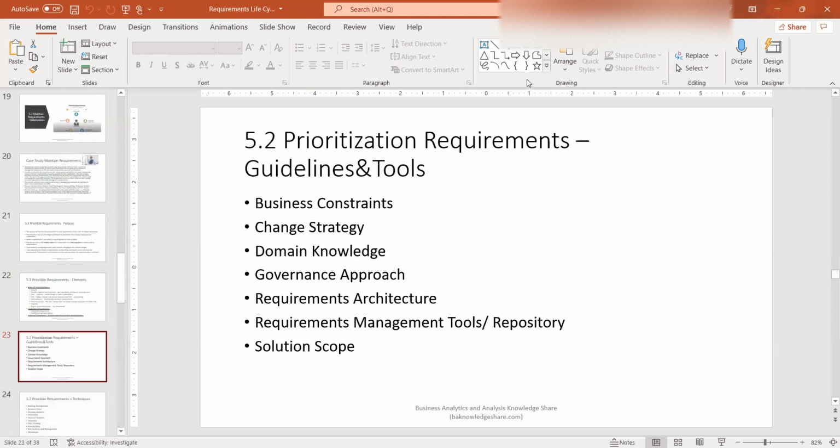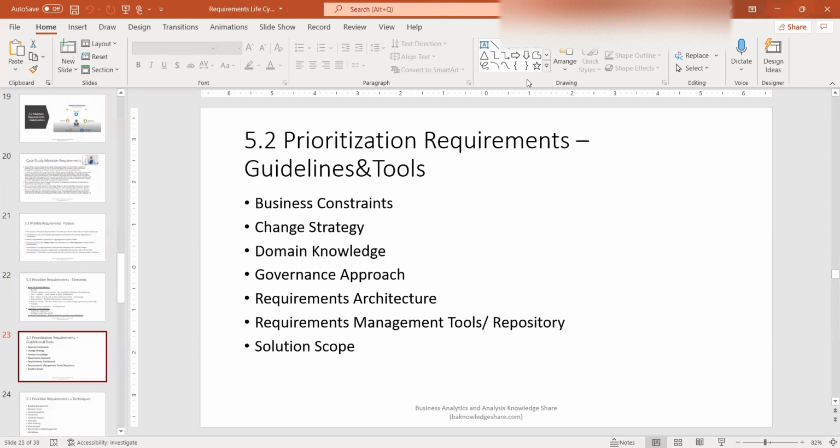Guidelines and tools for prioritization. There are business constraints, change strategy that has to be considered, understanding of the domain, the governance approach, and how you are going to approach these changes. Requirements architecture, meaning how this is going to be structured in terms of requirements, and how you are going to introduce change into this requirements architecture.